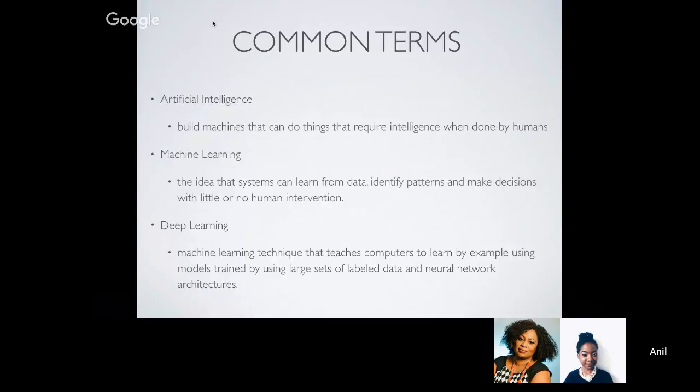So you create a model and you train that model with sets of data, and then we use neural network architectures similar to the brain to basically train those neural networks using the labeled data so that it learns and can then be able to perform particular tasks.